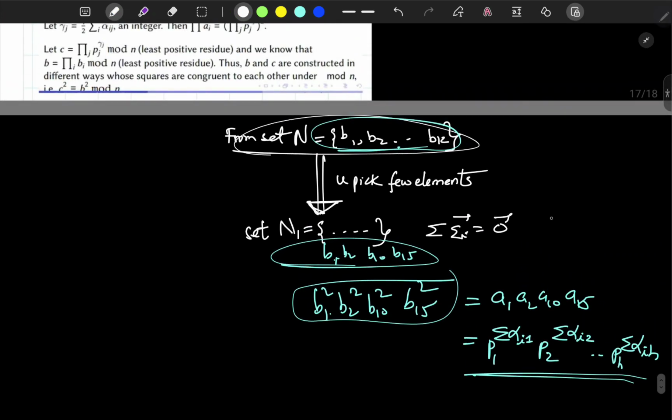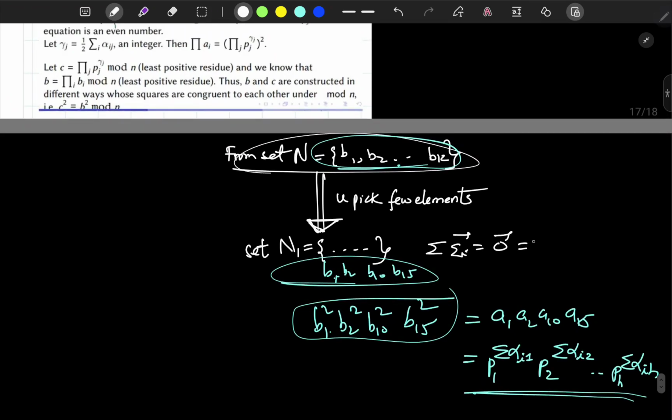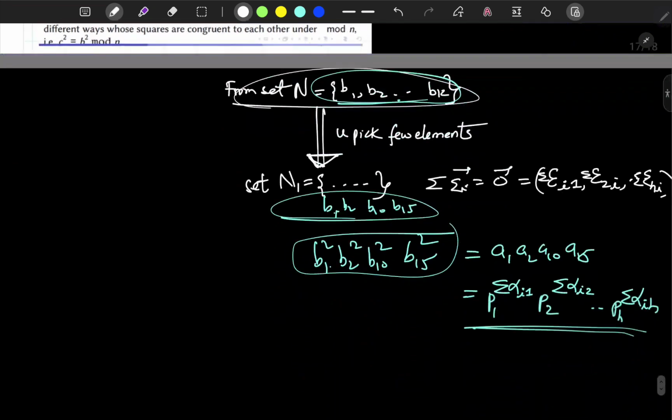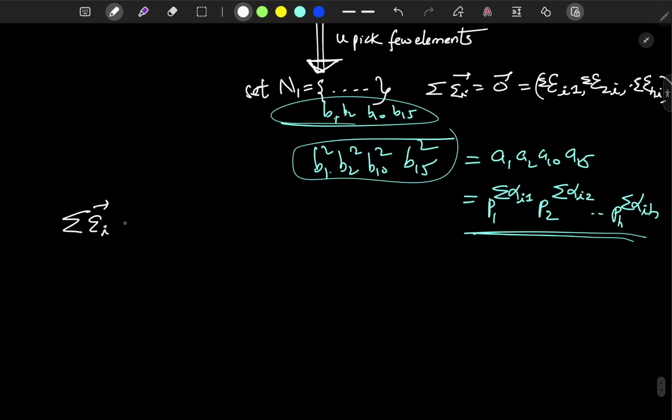Now see, the beauty is that this can be written as epsilon 1i, epsilon 2i and so on, epsilon hi. What is sigma epsilon i bar? Sigma epsilon i bar is nothing but sigma epsilon i1, sigma epsilon 2i and so on, sigma epsilon hi.